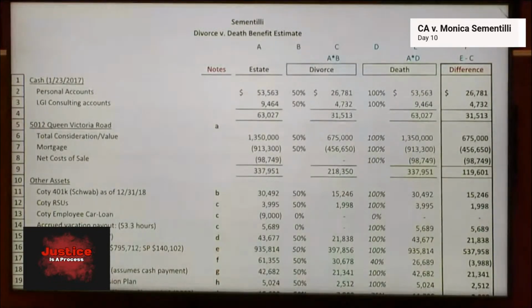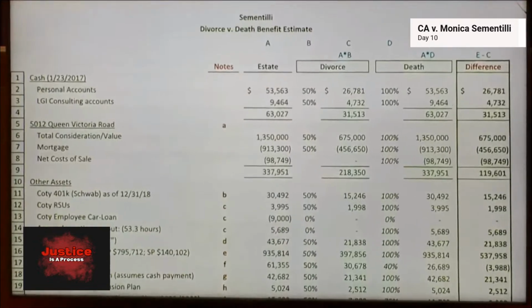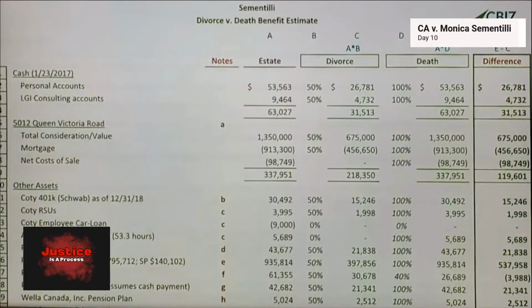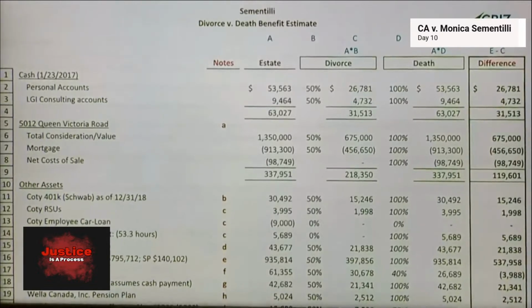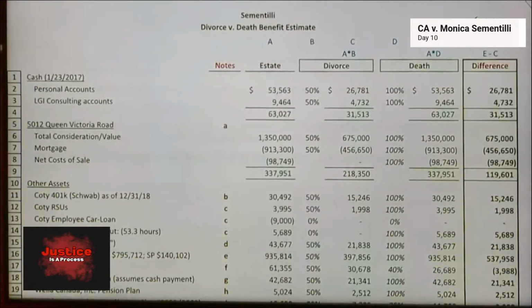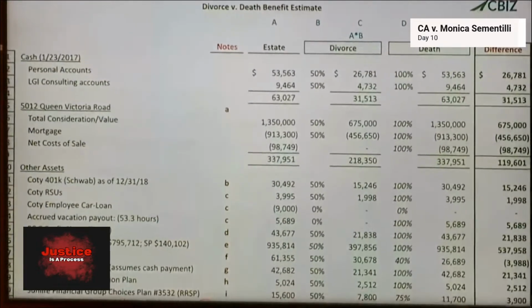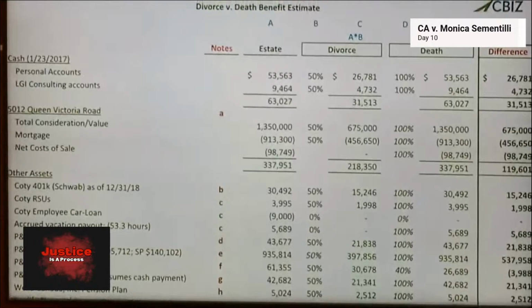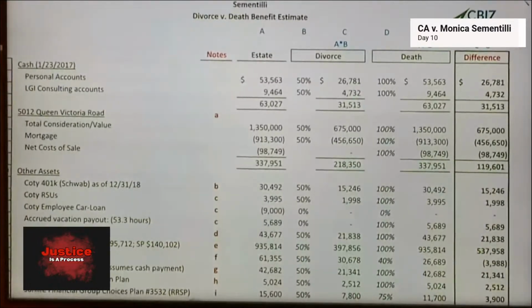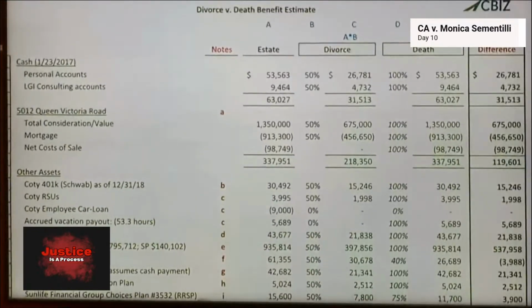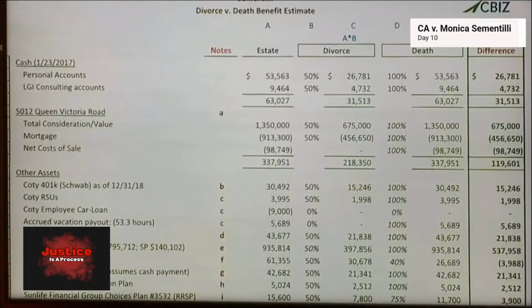Cash. That's correct. And at the time of his death, there were no designations on the account any other way, and the accounts were joint accounts, except for actually the LGI account was in Ms. Sementilli's name. At least from the statements, that's how it appears. So those accounts went 100% to her upon death.